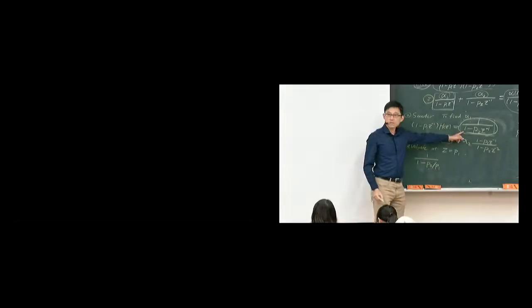We have 1 divided by 1 minus p2 divided by p1 on one side of the equality.